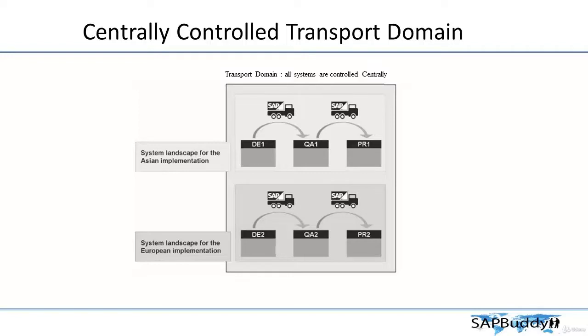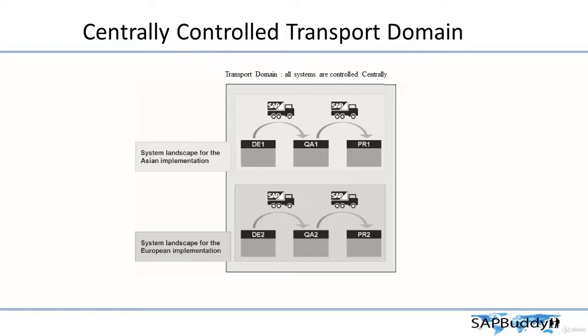Let's say when the productive system is not in the service window, meaning when the users are active, then you will do the transport in the productive system in order to reduce the impact on your actual business. So these transports can be centrally managed in these types of cases.